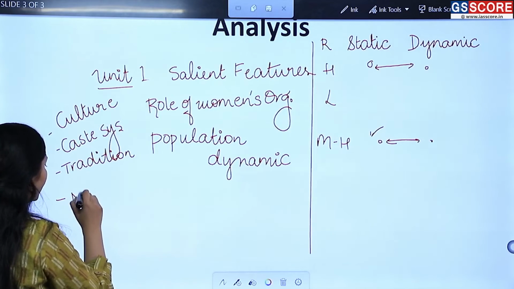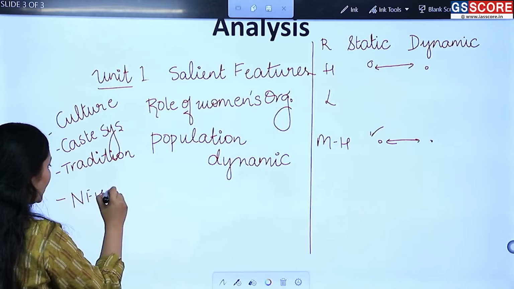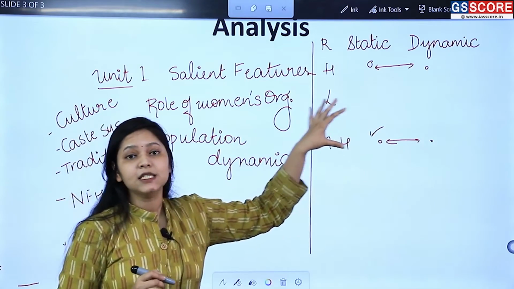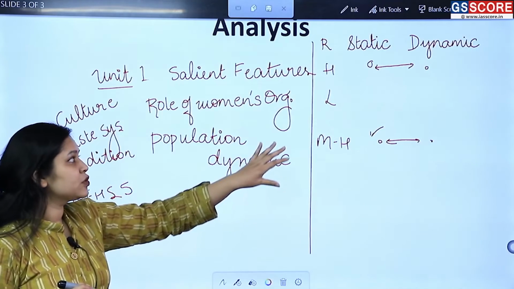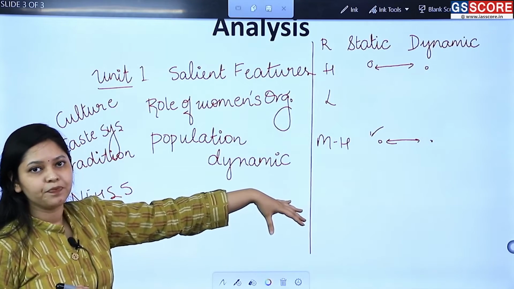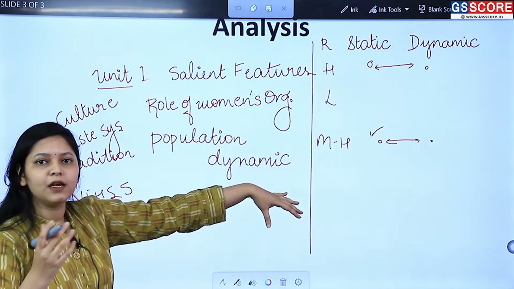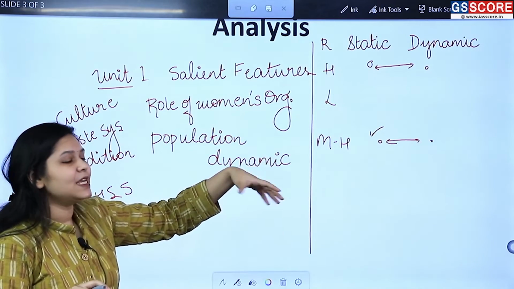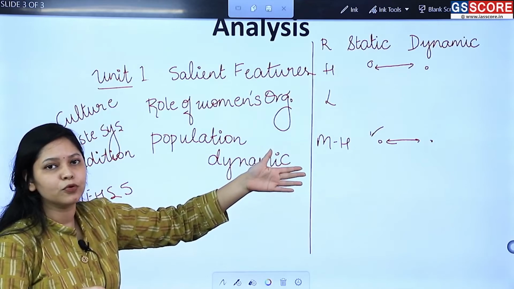In terms of how the National Family Health Survey provides us with statistics, which go to show what is the current scenario of the population dynamic. So there is a static part to it in the sense of the numerical ideas. It's not static meaning fixed, but something that can be easily understood and how do you approach it.